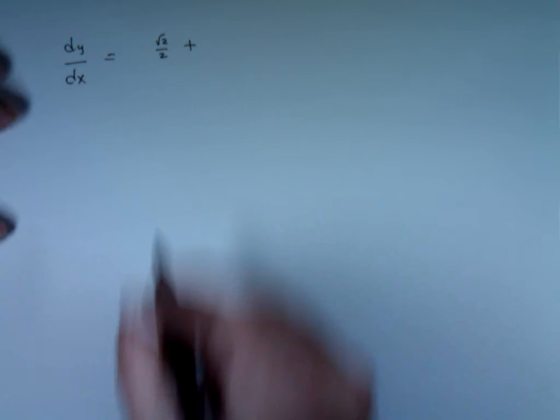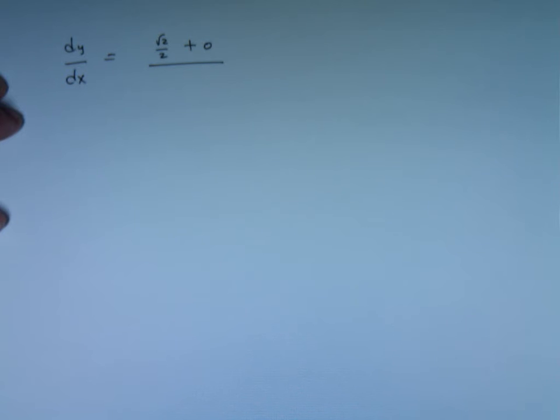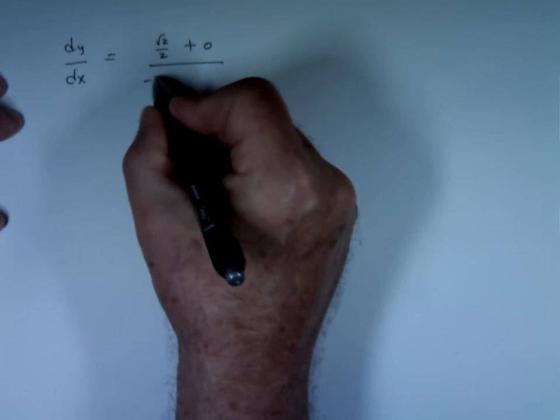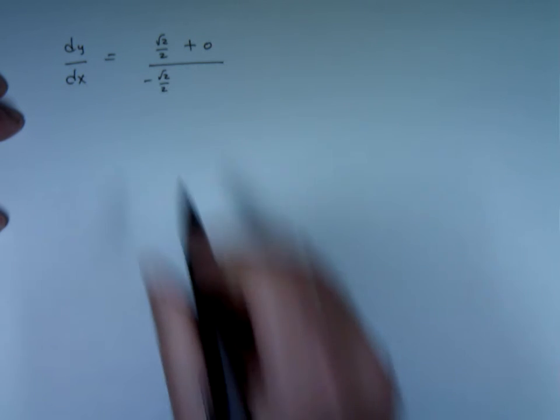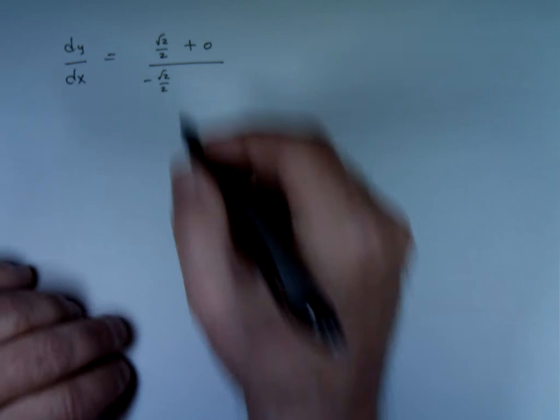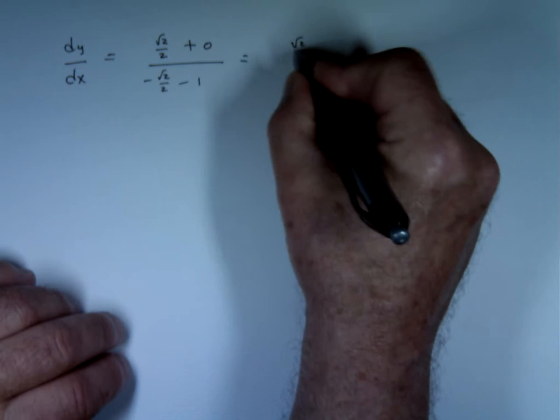Zero. That's nice. And then we have the opposite of sine of pi over 4, a negative square root of 2 over 2. And then we have the sine of 2 theta, and if theta is pi over 4, that's sine of pi over 2. What's the sine of pi over 2? 1. So we got minus 1. So I end up with square root of 2 over 2.